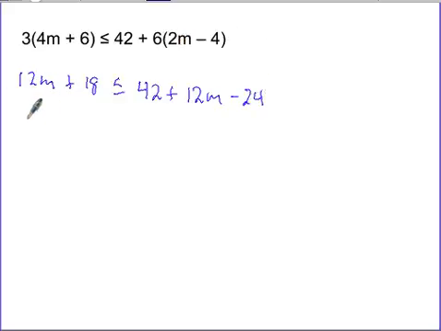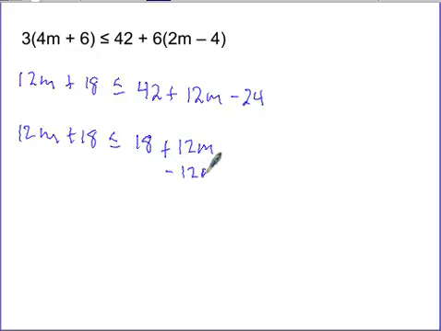So 12m plus 18 is less than or equal to 42 minus 24, here we go again. 18 plus 12m. Subtract 12m. 18 is less than or equal to 18. Now what? Check.